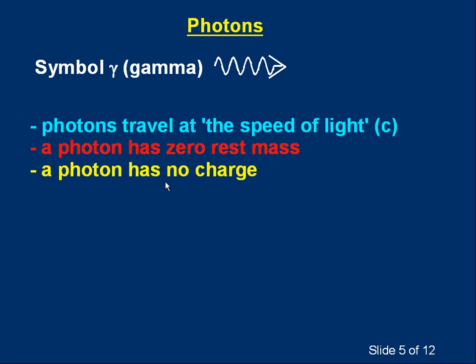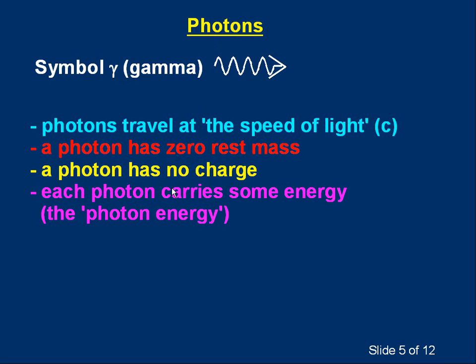It's also got no charge, not positive or negative, it's neutral. Please don't do what some students do, which is mix up photons with protons. A proton is a positively charged particle found in the nucleus, not the same thing at all as a photon. Each photon carries some energy, and we call that energy the photon energy, the energy which is in a single photon.